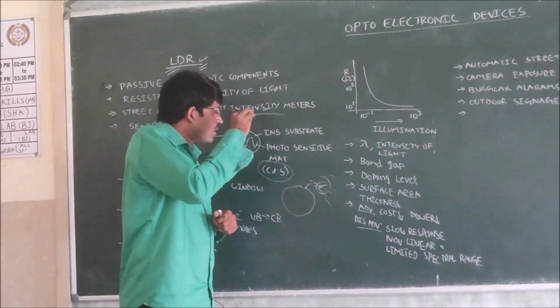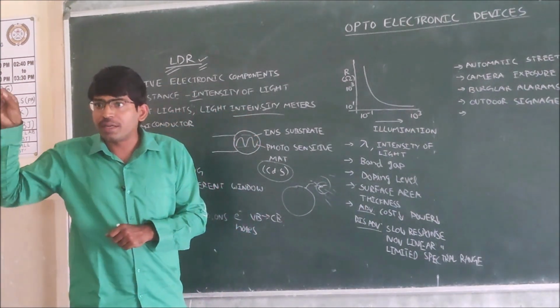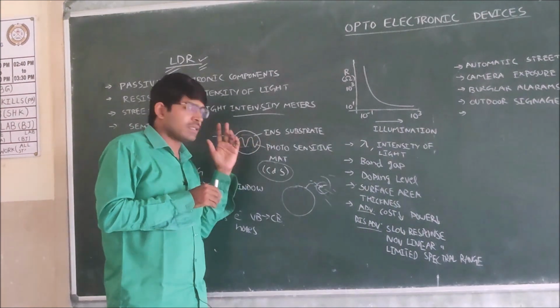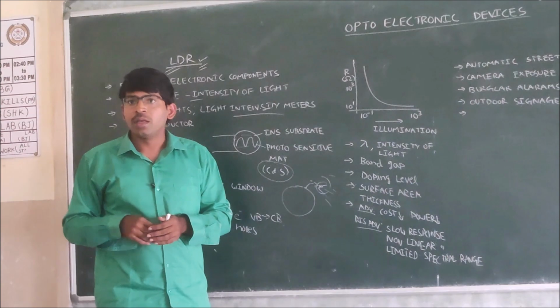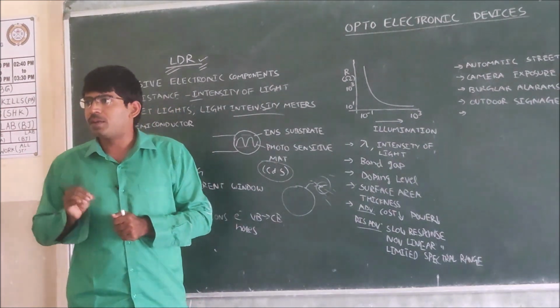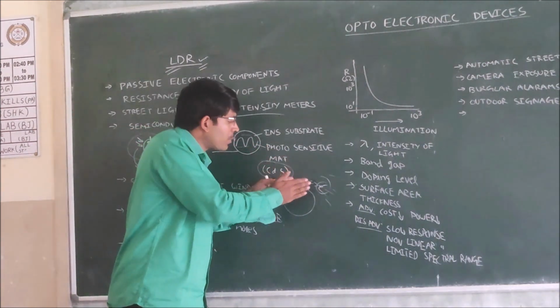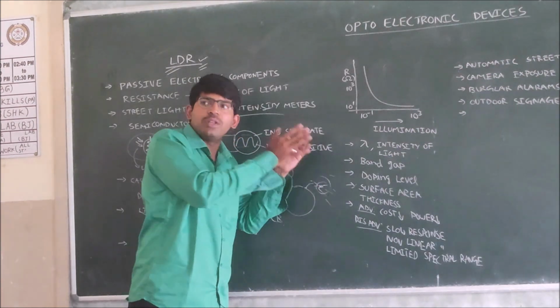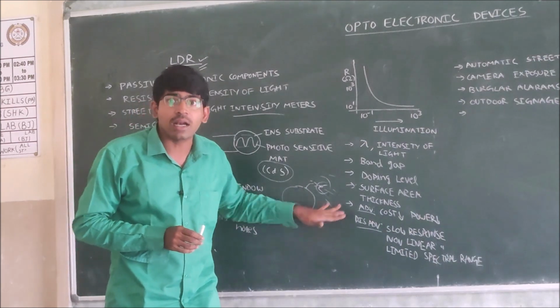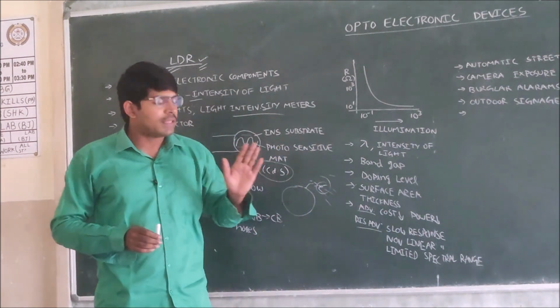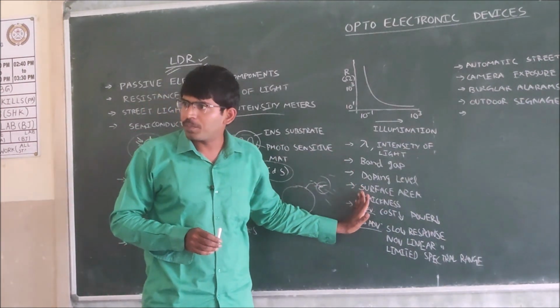When more light falls on this semiconductive material, which is cadmium sulfide, a photosensitive material, then more electrons come out of their atoms. And remember, all these electrons are last orbit electrons. They are coming out of the atom.